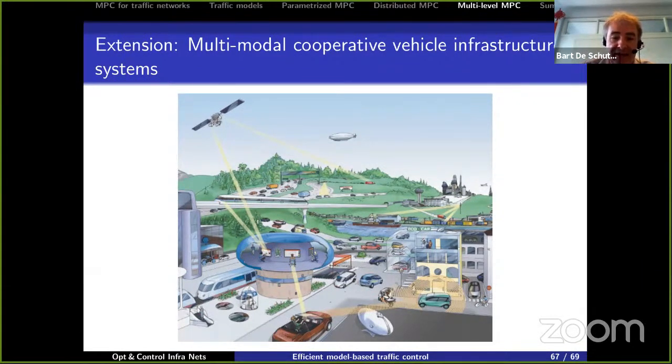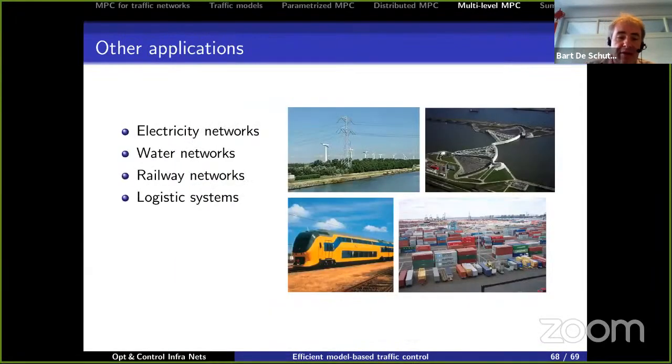But the whole idea, so the different approaches that I have discussed today, they can also be applied in that type of networks. Actually, and that's something that you will probably also see in other presentations in this summer school, the networks that we considered can actually be more general.